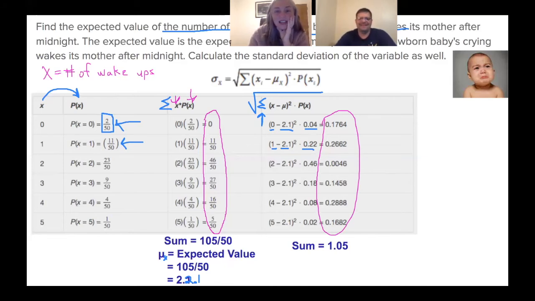Now, unlike the expected value, you're not done at this point, okay? Because this formula also has a square root attached to it. So this has one more step.